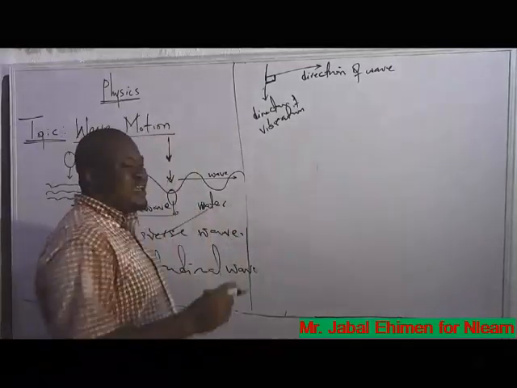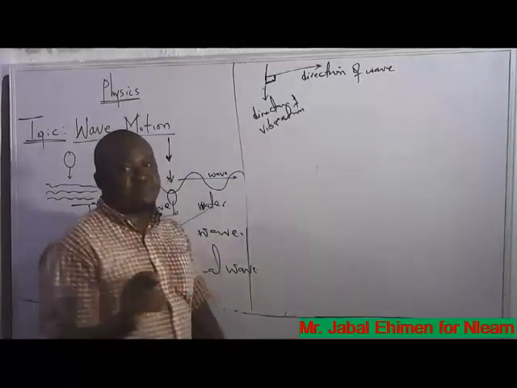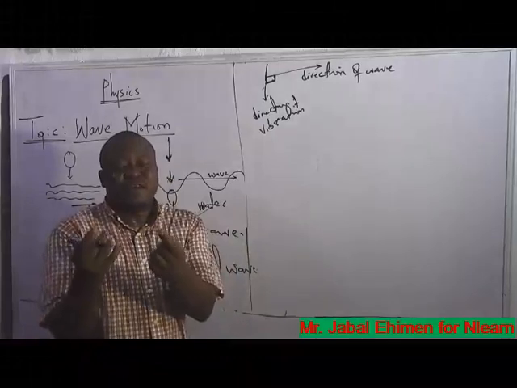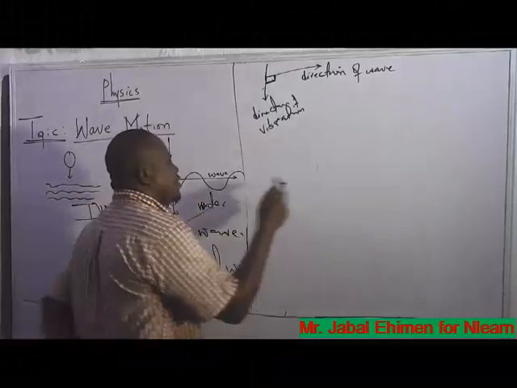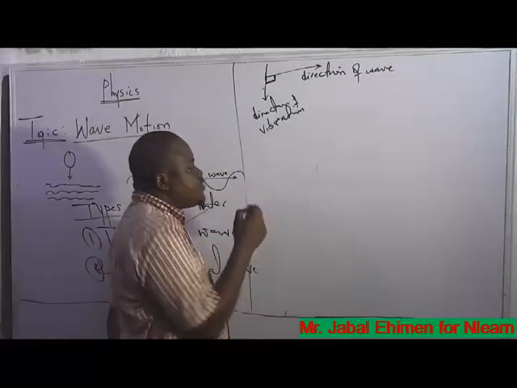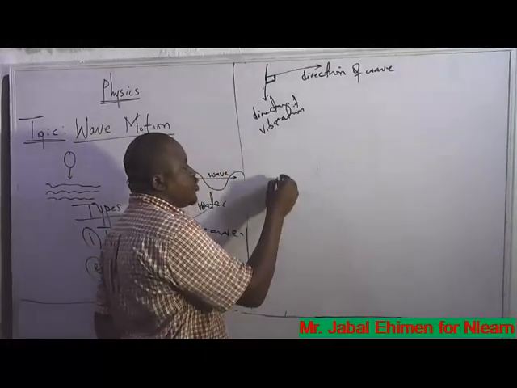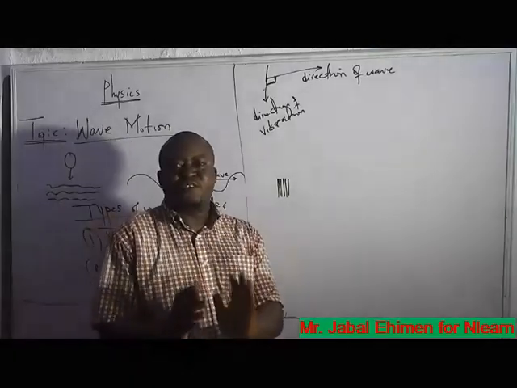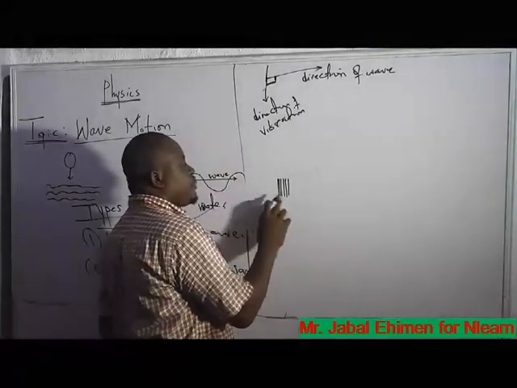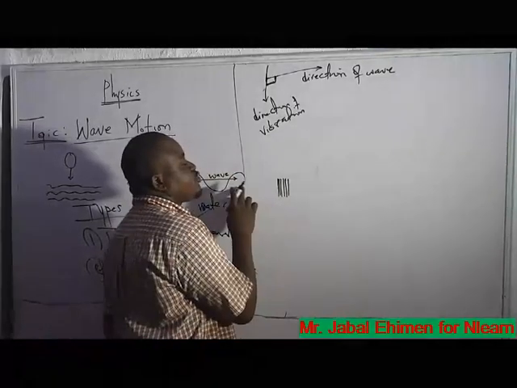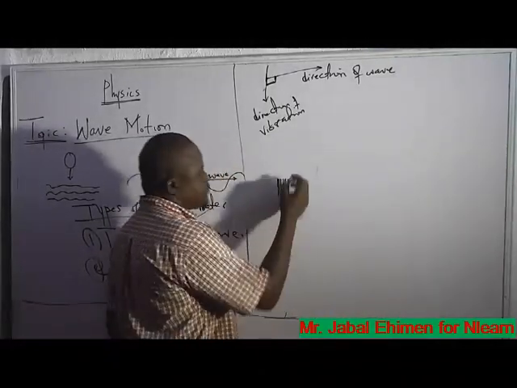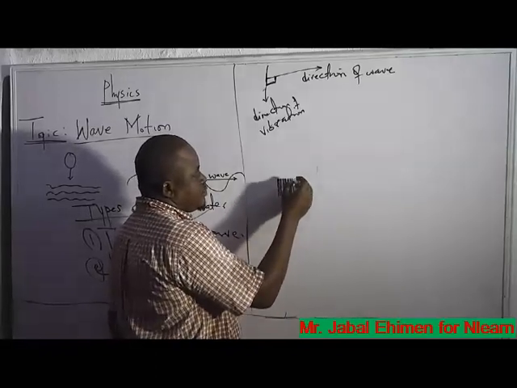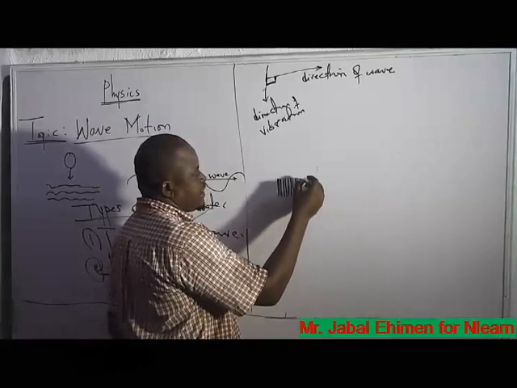As it travels, this is how it moves with respect to the material medium it is traveling through. The material medium is air molecules. If it travels, it will get to a point where it will compress the air molecules. For a longitudinal wave, there exist regions of compression and rarefaction. So as that sound comes out of your mouth, first it will compress the air close by, but later it will begin to release the air.